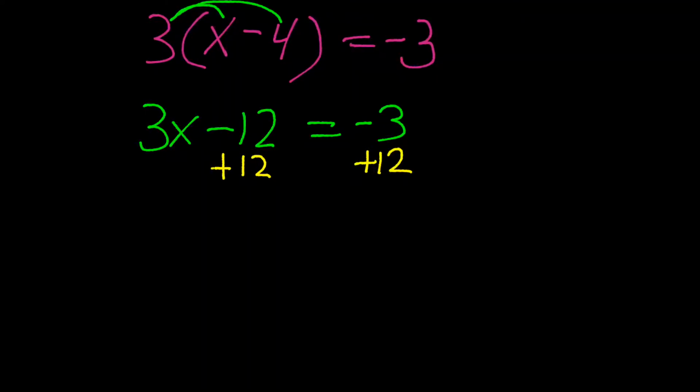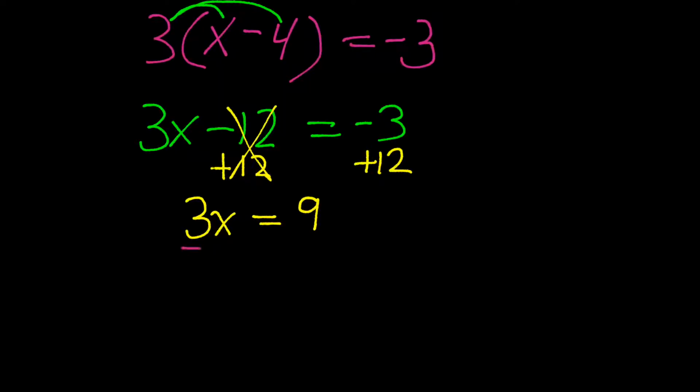Negative 12 plus 12 is 0, so those cancel out and we're left with 3x. Negative 3 plus 12 turns out to be a positive 9. So we have 3x equals 9. That was our second step. And now for our final step, we are going to have to get the x term all by itself.